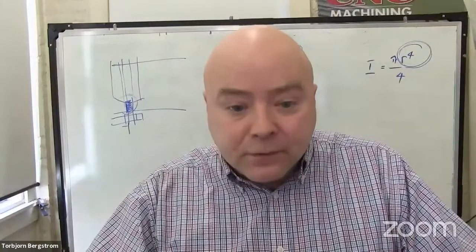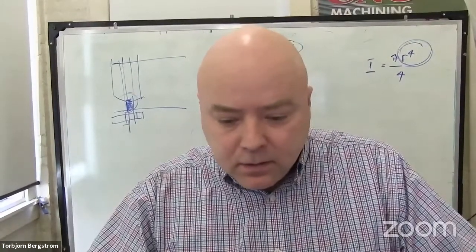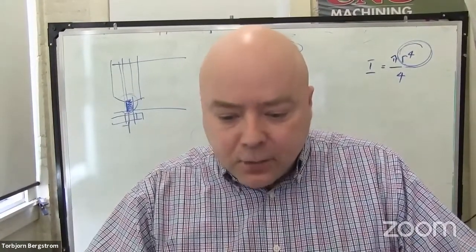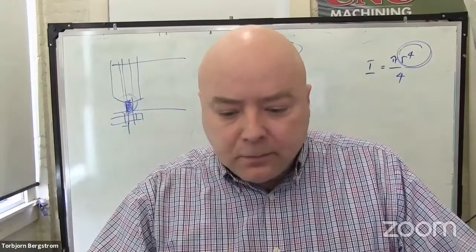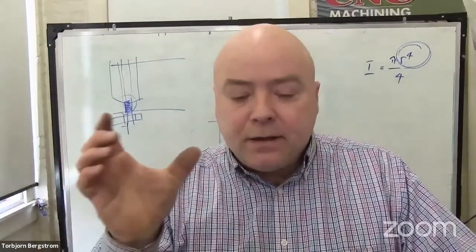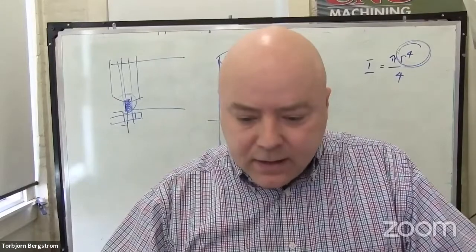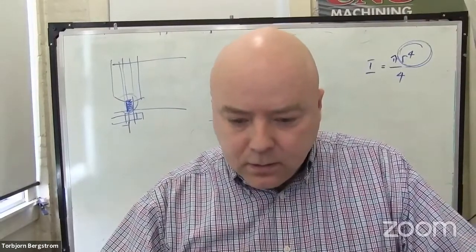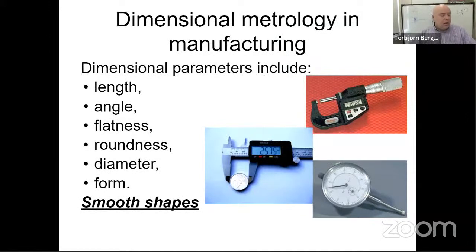Well, it will tell us if we have repeatability. It'll tell us if we have accuracy. It'll tell us if we've made the part the size that we intended to make the part. It saves money. It could save money, depending.